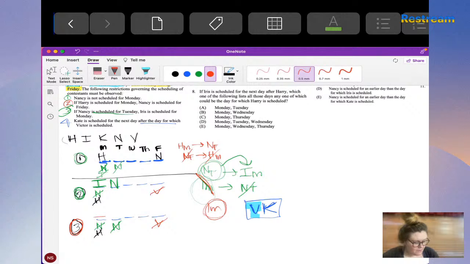So that never can be V, ever. And the same goes if we think about it the same way for K: where can K never go? Yeah, K can never go first because there would be nowhere for V to go. And so now that we think about this, we pretty much have our world set up here of what is possible.